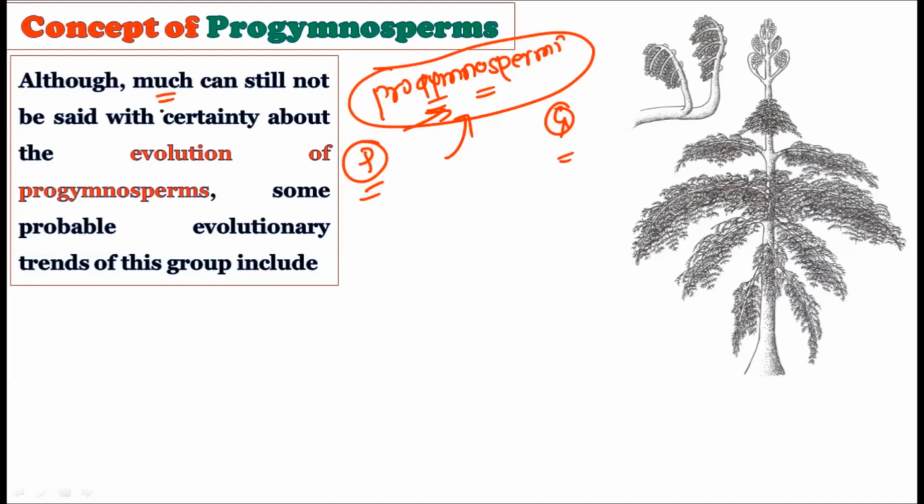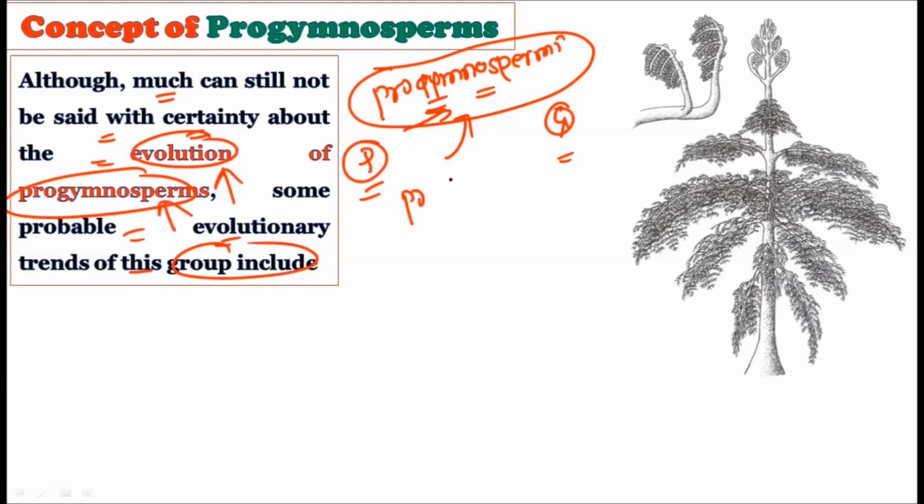See, although much still cannot be said with certainty about the evolution of the progymnosperms, some probable evolutionary trends of this group we can discuss right now. But what they are saying here is that we do not have much knowledge about the evolution of these progymnosperms, how they have evolved from the pteridophytes.